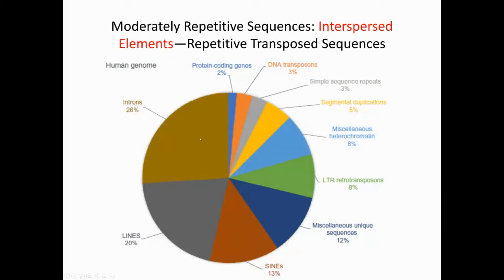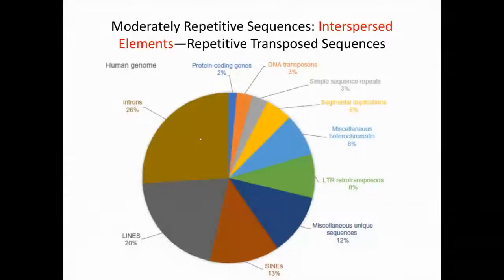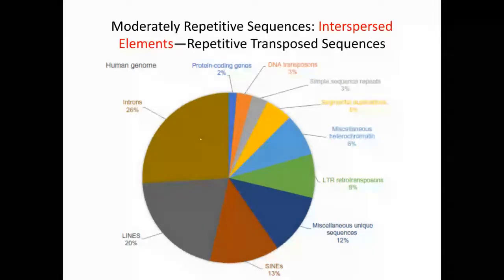Moderately repetitive sequences are relatively short sequences that repeat typically 10 to 1,000 times in the genome. Normally we can divide them into two types of repeats. We have tandem repeats, which appear one after another and tend to be clustered at particular locations on the chromosome.